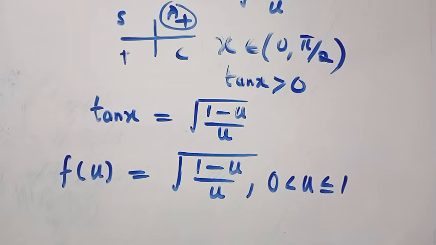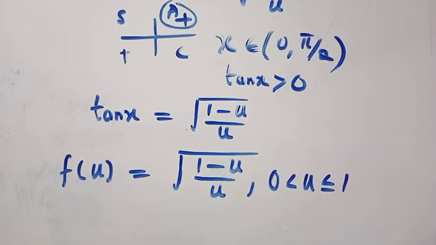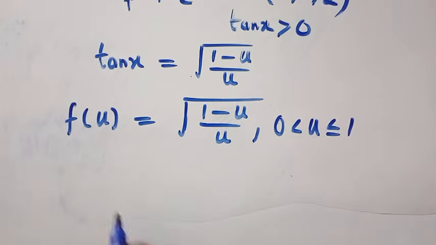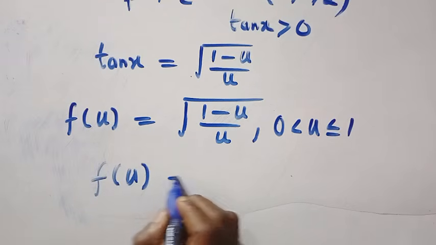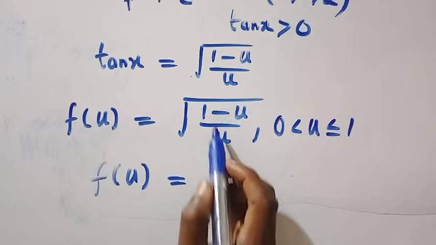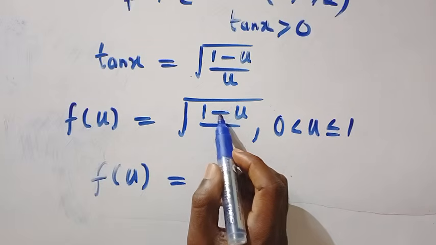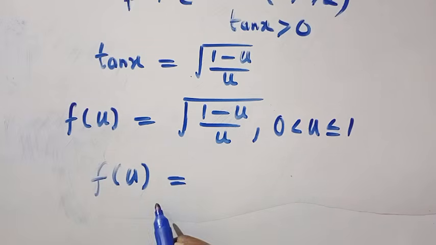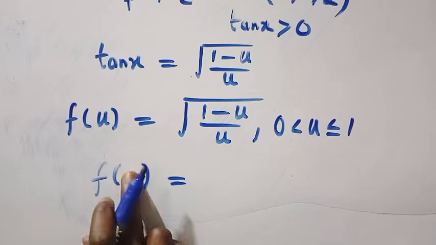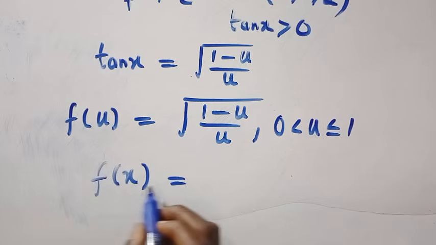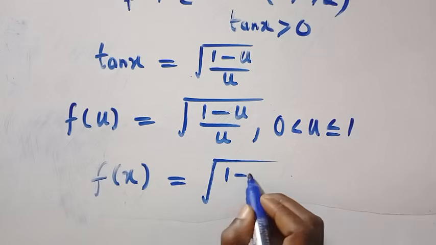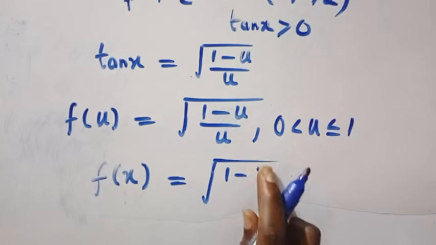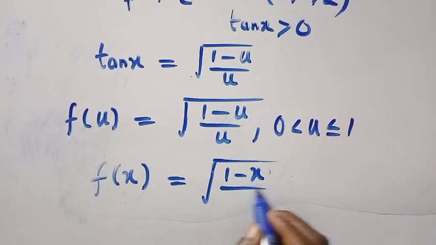So we conclude that f of u equals the square root of 1 minus u divided by u. Changing the u to x, we have f of x equals the square root of 1 minus x divided by x.